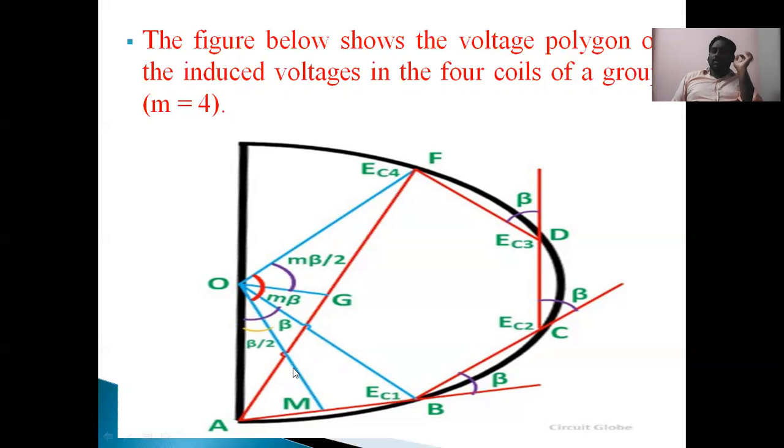This AF subtends an angle of m beta by 2 at O. And this is the first coil induced voltage EC1, which has a phase difference of beta with respect to some reference.